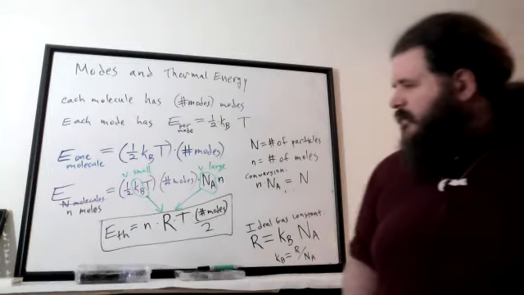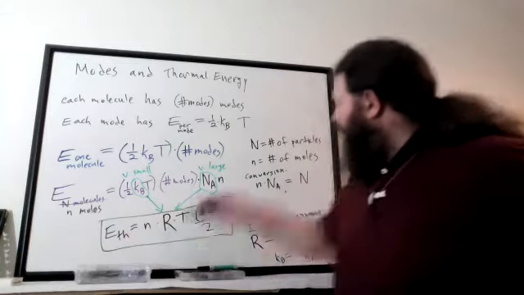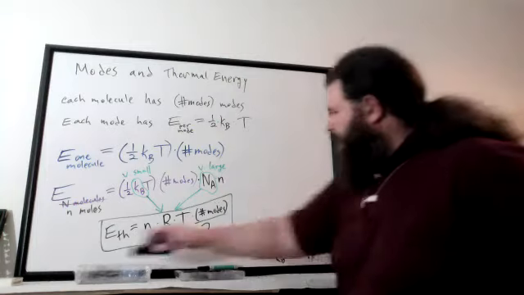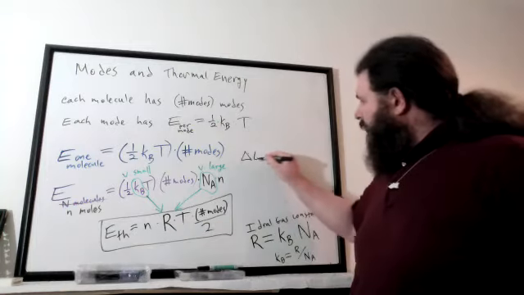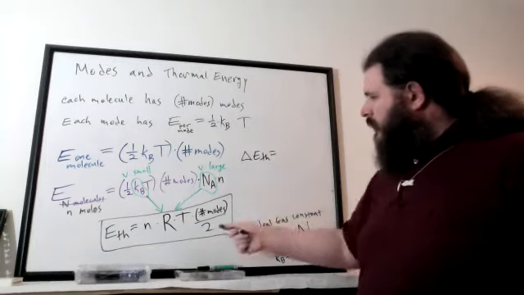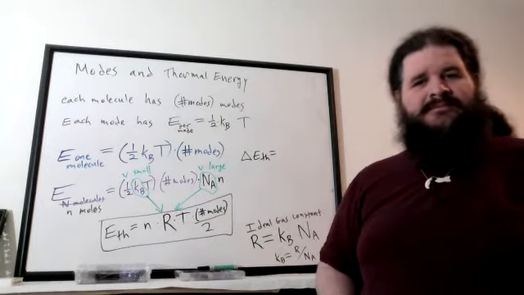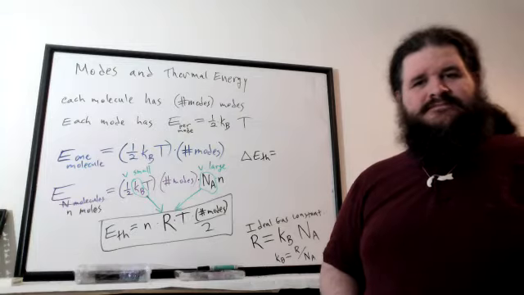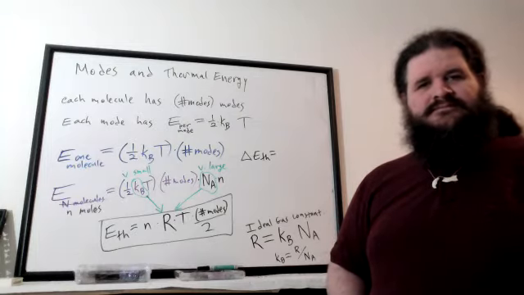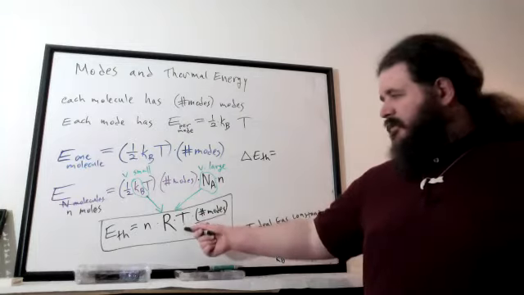In fact, this is even more practical if we apply a delta to it. Delta E thermal equals, what's the only part of this that you would expect to change if you add energy to the system? The temperature. Yeah, the temperature is presumably going to change.